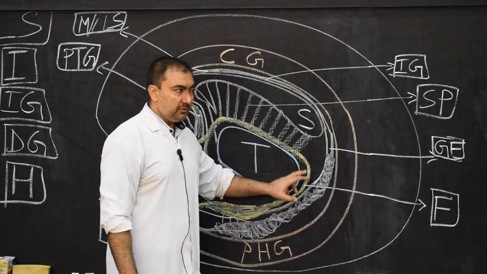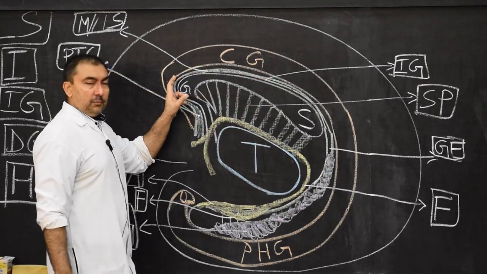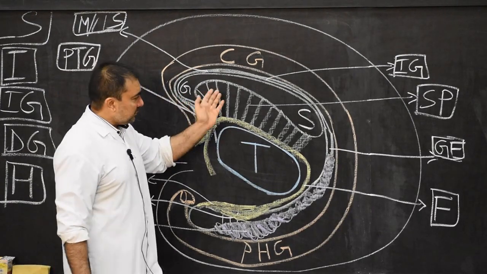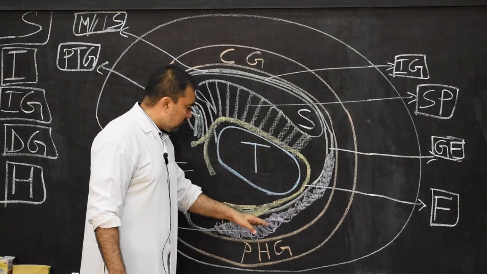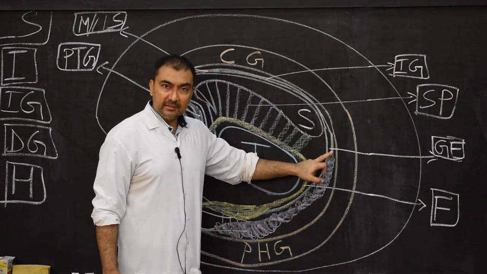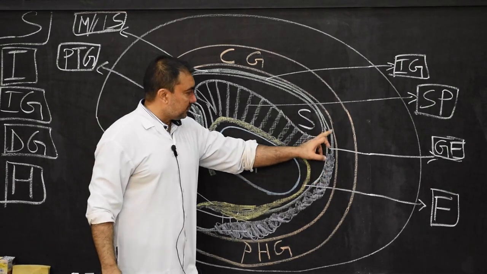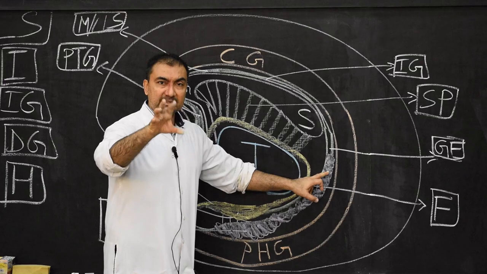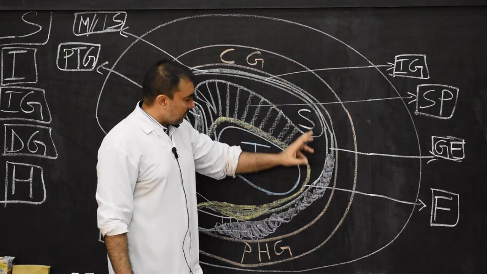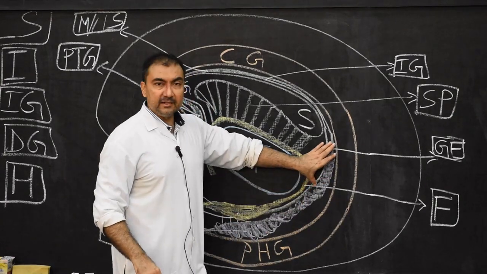So indusium griseum will continue anteriorly on the body of corpus callosum as medial and lateral longitudinal striae, and posteriorly it will continue lower down as dentate gyrus through gyrus fasciolaris. This gyrus fasciolaris will surround the splenium of corpus callosum, serving as an important link between the indusium griseum above and dentate gyrus below. So this much portion will be the gyrus fasciolaris.